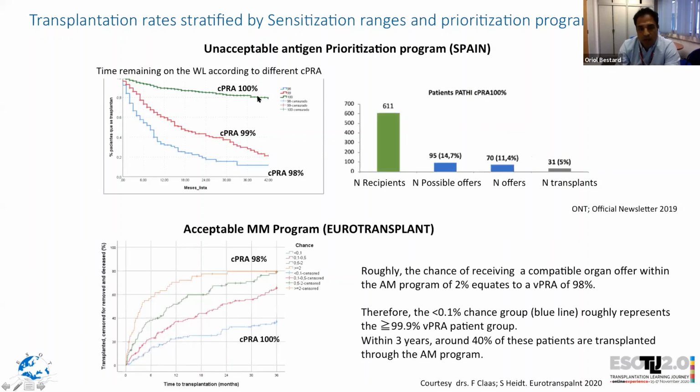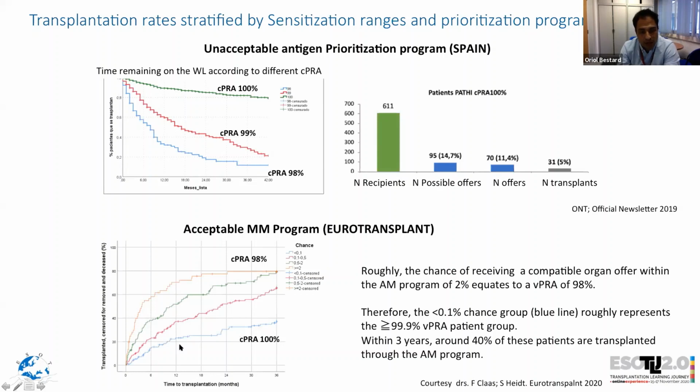Conversely, down here, I'll show you the same example, but using the acceptable mismatch program. I think it is very interesting to highlight the 100% CPRA, the blue line, which is how the acceptable mismatch program would classify this patient, equivalent to a CPRA of 100%.